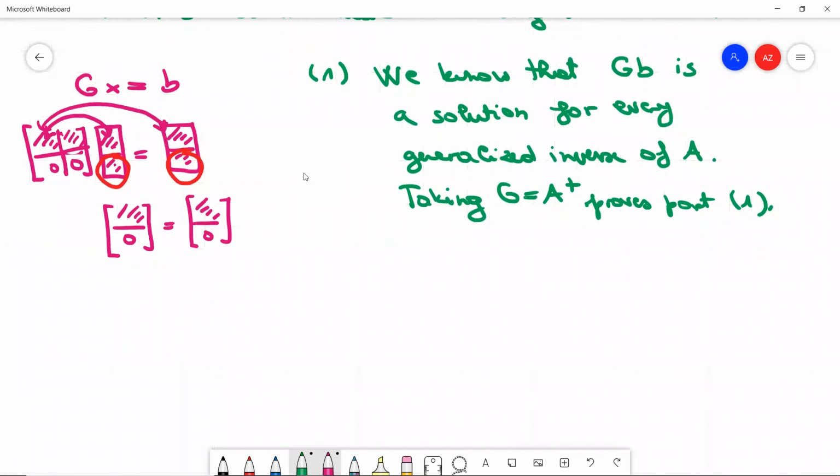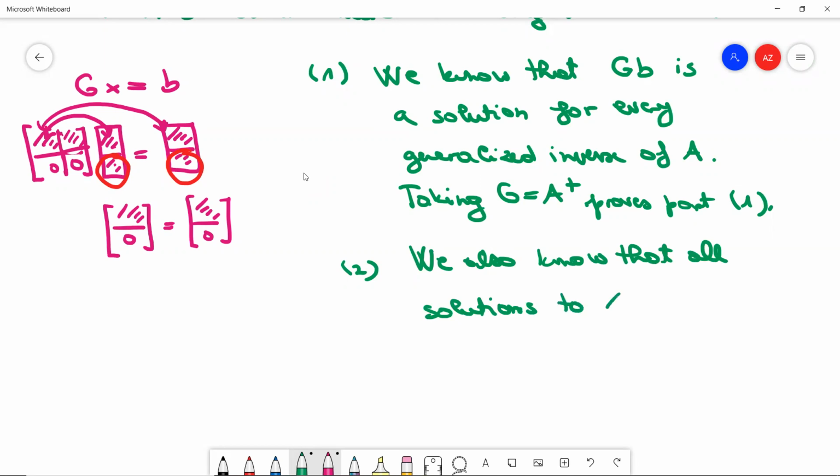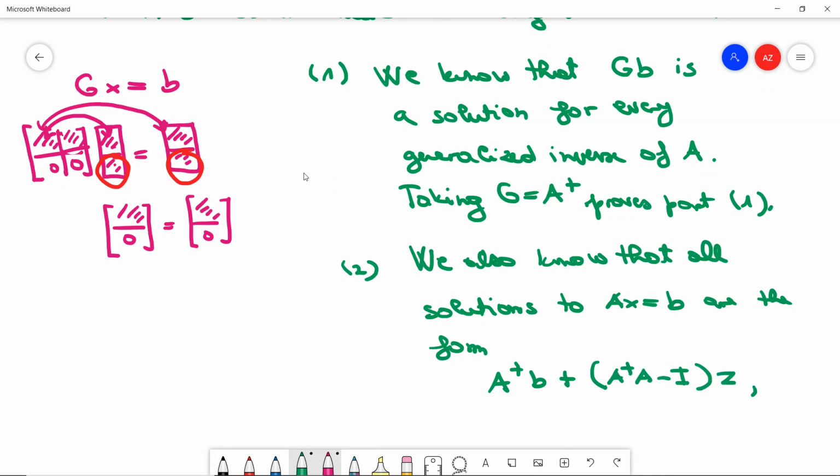And then, to prove the second part, we know that all solutions to the system AX equals B are of the form A plus B plus something from the kernel of A, which is A plus A minus identity times Z, and this Z is any vector.